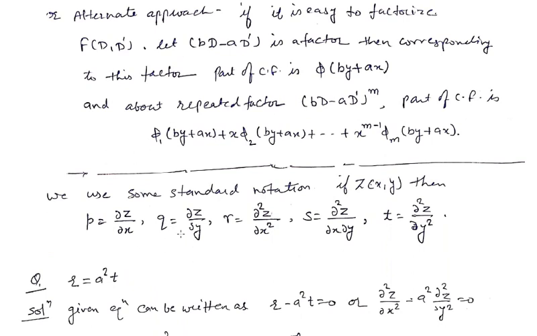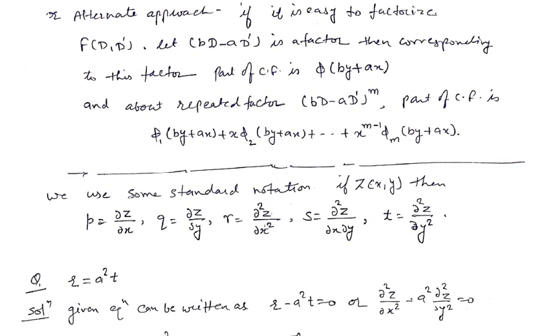Now we will use some notation. As we know, if z is a function of x and y, where z is the dependent variable and x and y are independent variables, then del z upon del x is represented by small p. Similarly, small q represents del z upon del y. Now we introduce some more standard notation: r, s and t.